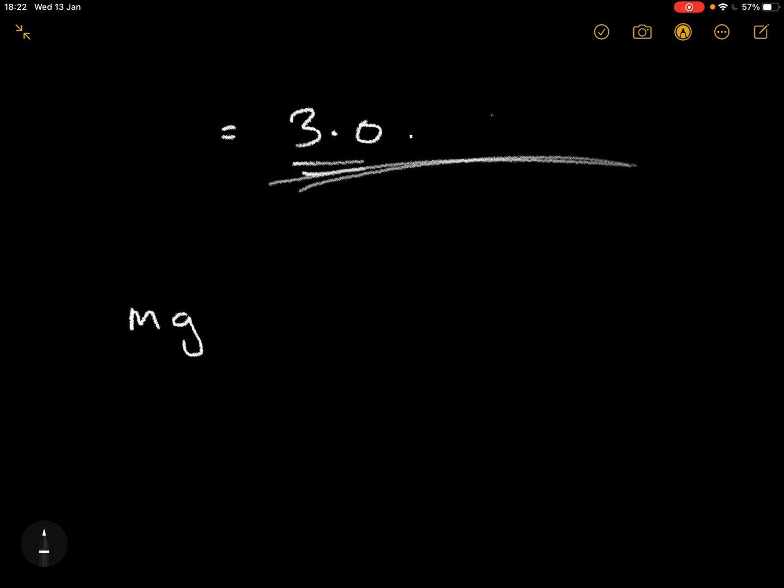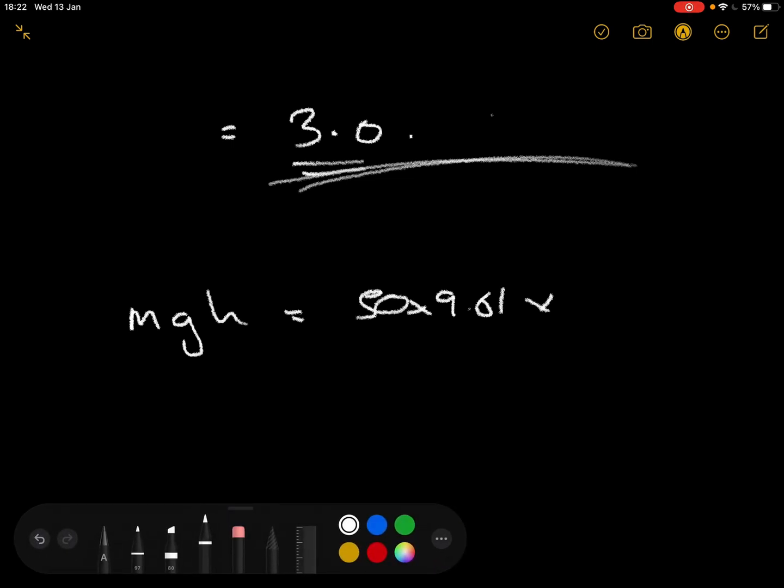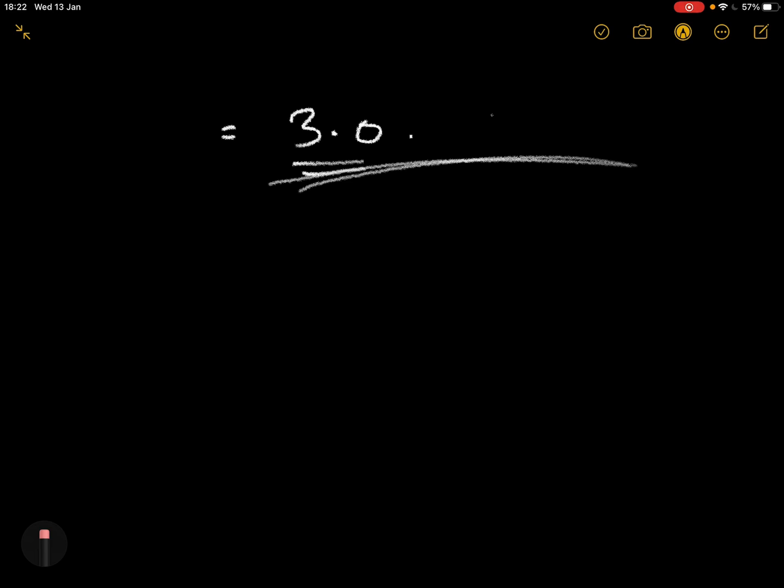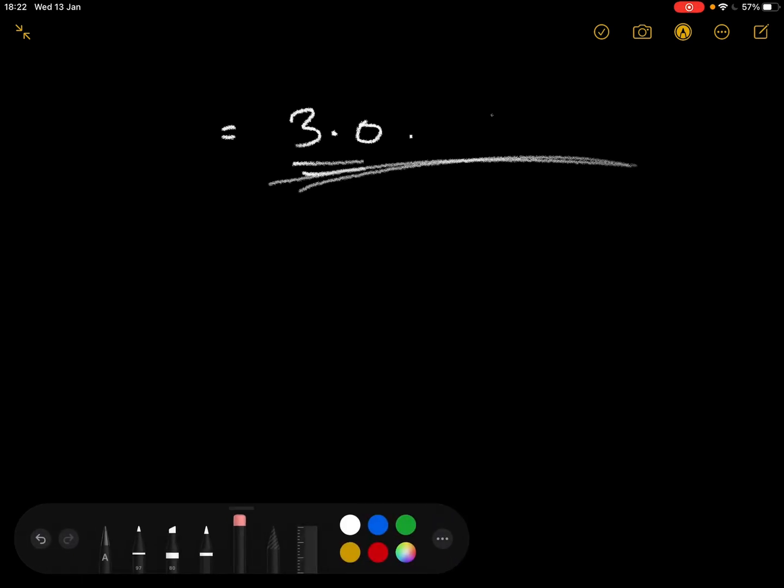Let's just check this: MGH, we'd have ended up with 50 times 9.81 times a change in height, which is 384,000 minus the radius of the Earth, times 50 times 9.81. It would have assumed 1.85 times 10 to the 11 joules, which is very big. That's a lot bigger, so it's wrong by quite some order of magnitude. So that's when we have to start using it. That's the power of that equation.